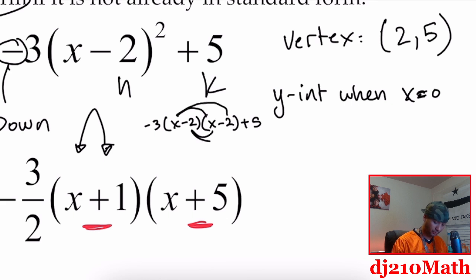Double distribute. So this is going to be negative 3, and then the product of these two are going to be x squared plus 4 plus 2 times x times 2.